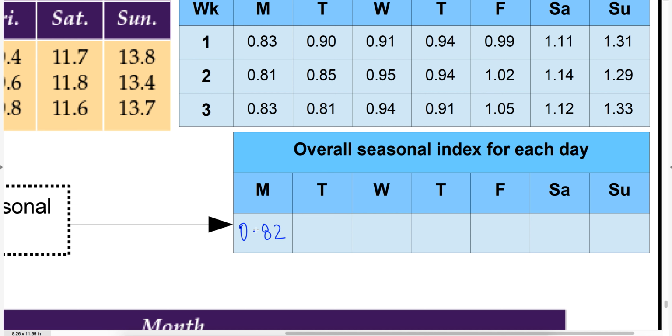The next one, 0.9 plus 0.85. So you might like to do this yourself and then just skip this video ahead just to check you've done the same as I have. So 0.919594 divided by 3.